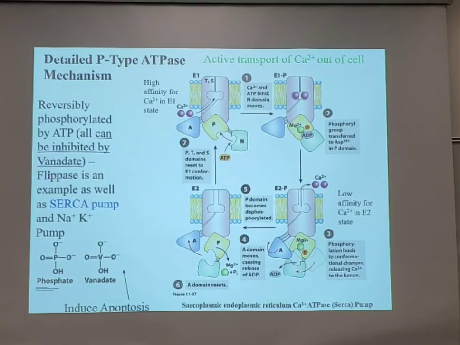Now you can look at vanadate and understand why vanadate might be a problem too. Coincidentally, another P-type transporter would be flippase. So P-type was 3: sodium potassium pump, calcium SERCA, and flippase. Go ahead. I just wanted to get an example of this. Like, with this calcium, is that kind of weird?